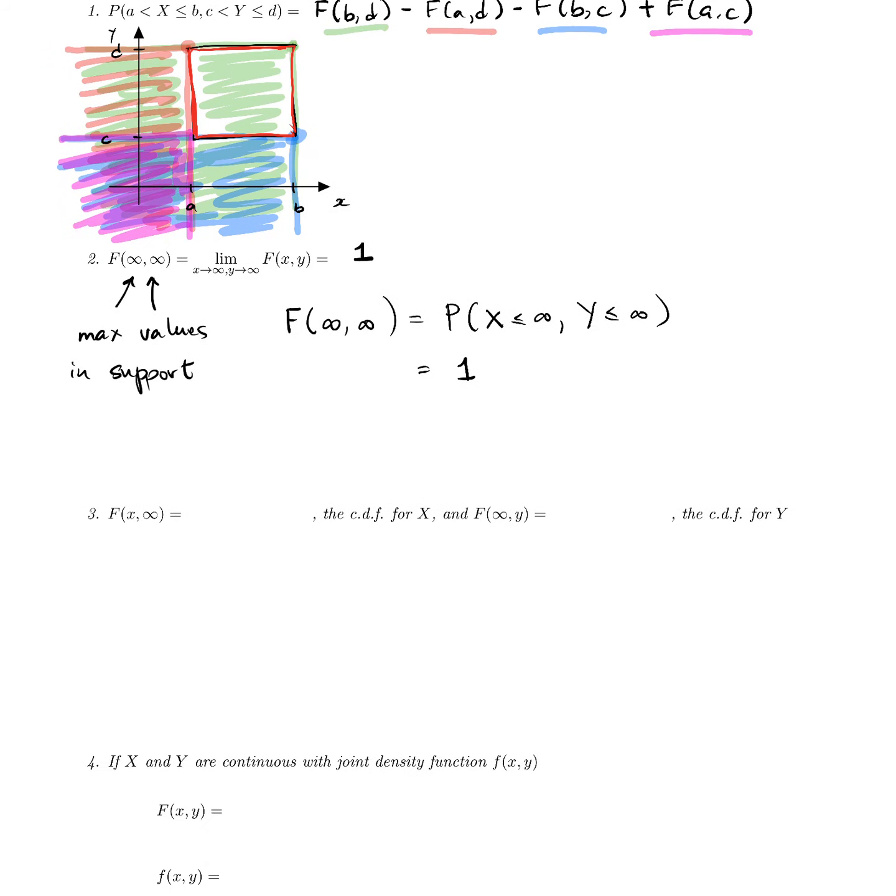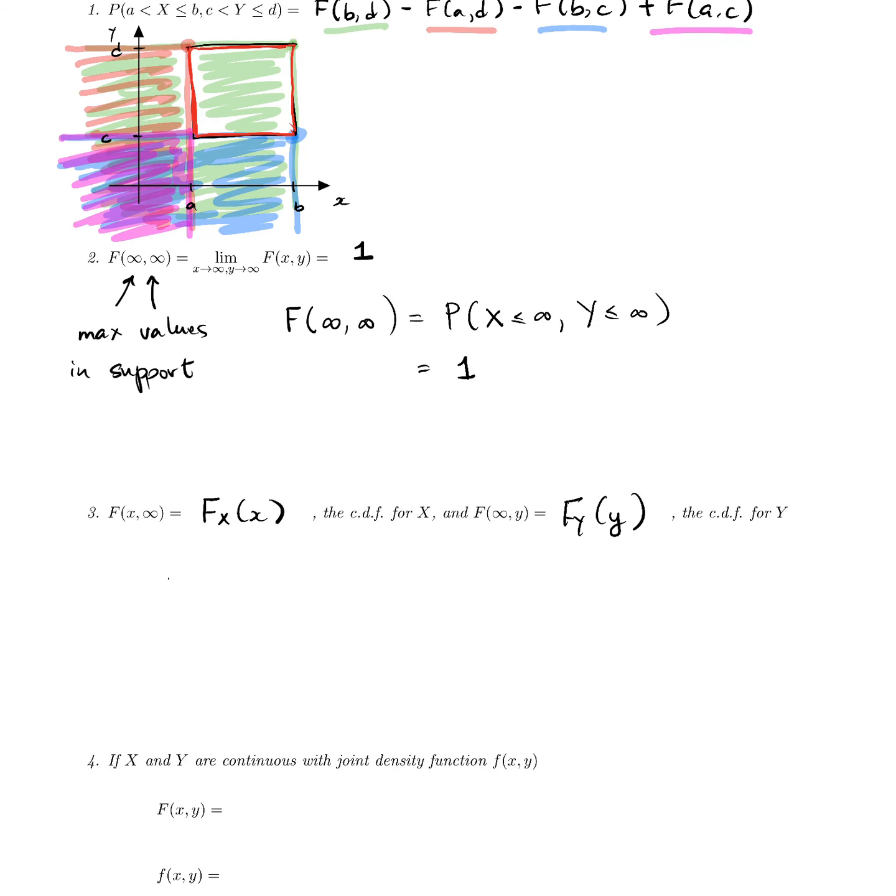Third property: F of x, infinity or F of infinity, y. Those end up giving us the marginal CDFs. So capital F sub X of x is the marginal CDF for X, and over here we get F sub Y of y, the marginal CDF for Y. To see why that is true, let's go back and look at what this joint CDF means.